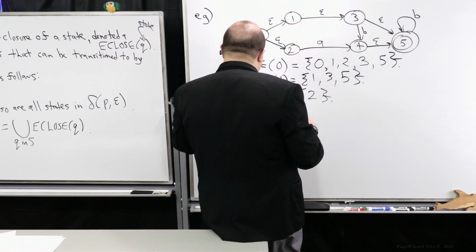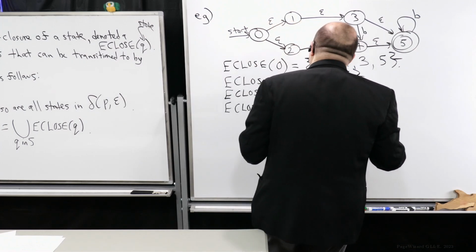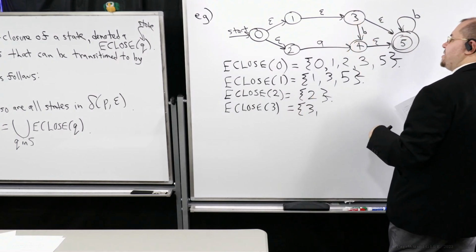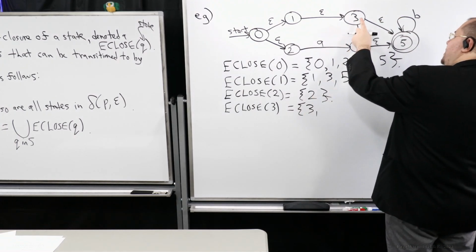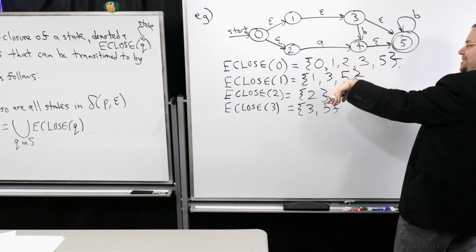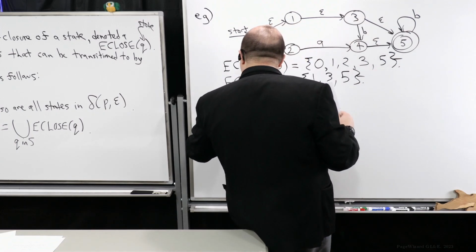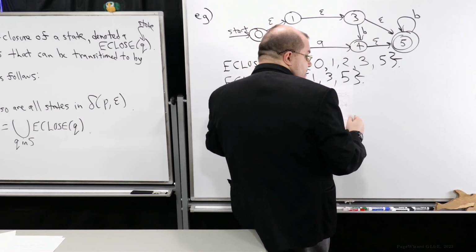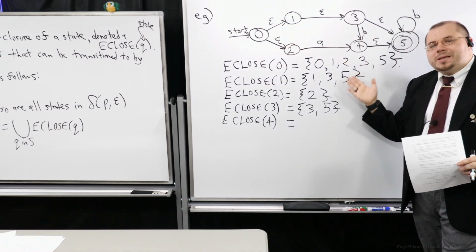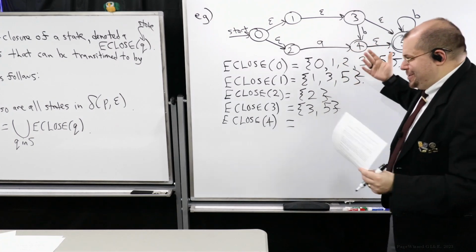How about the epsilon closure of 3? Akin to our previous example, 3 by definition is in the epsilon closure of state 3. There's an epsilon transition to 5, but nothing to 4. Notice there's nothing outward in that direction. So this is the epsilon closure of 3. How about the epsilon closure of 4? What would the epsilon closure of state 4 be?